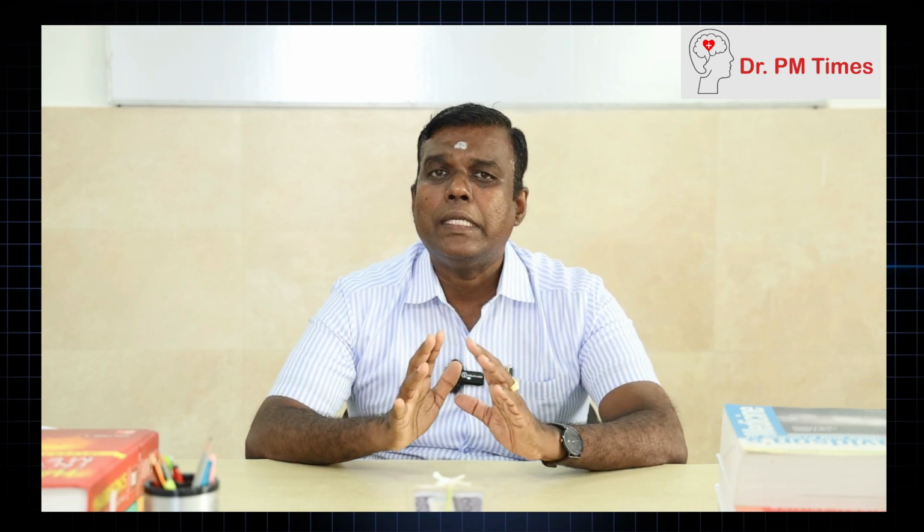A body mass index of less than 18.5, a person is categorized as underweight. A body mass index between 18.5 to 24.9, a person is categorized as normal weight.